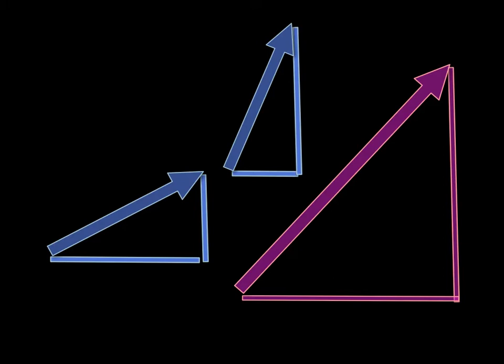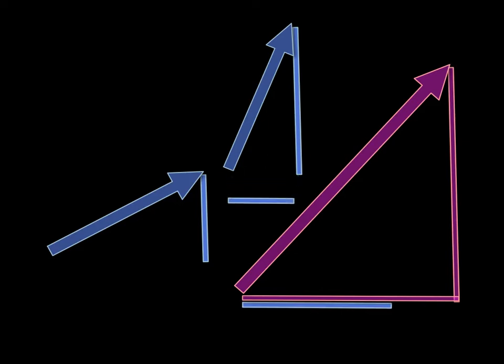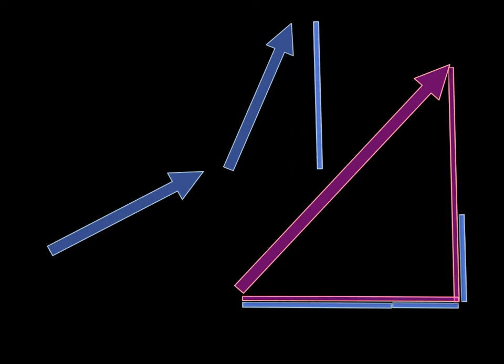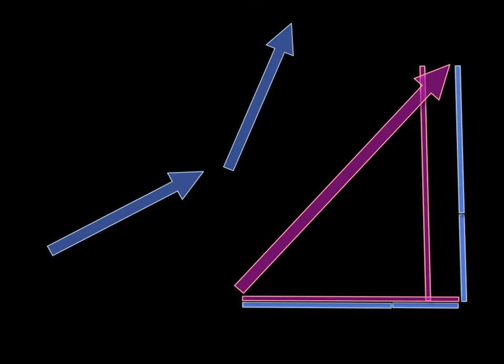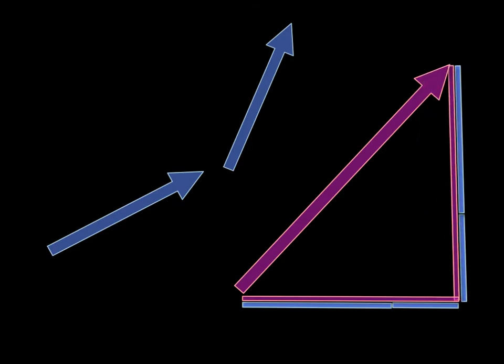If we calculate the horizontal components of both vectors and add them together, we end up with the horizontal component of the resultant vector. Similarly, if we add together the vertical components of the two vectors, we end up with the resultant vector's vertical component.